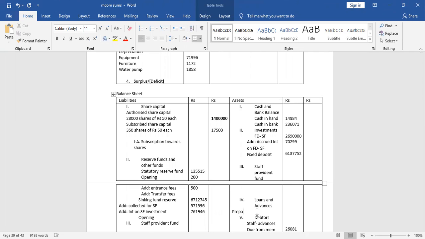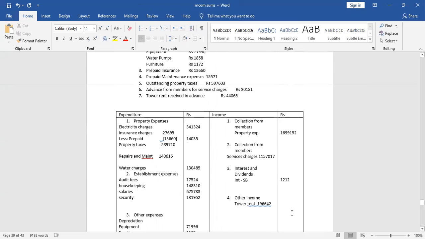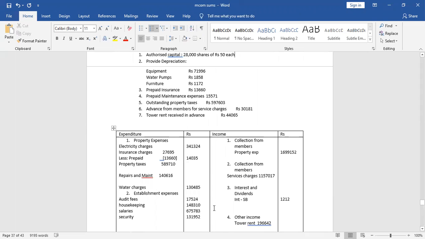Prepaid insurance. What is the amount of prepaid insurance? 13660. Then we have prepaid repairs and prepaid maintenance. So from here also less prepaid. What is the amount? 15,571.